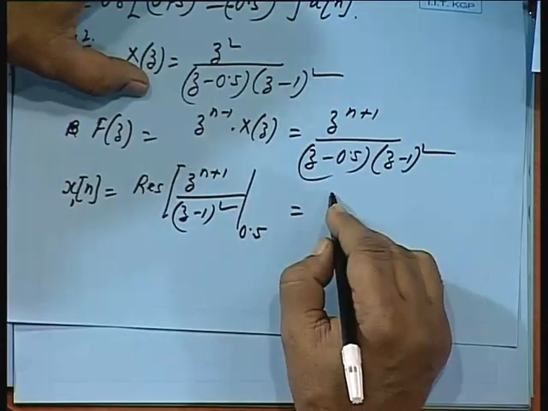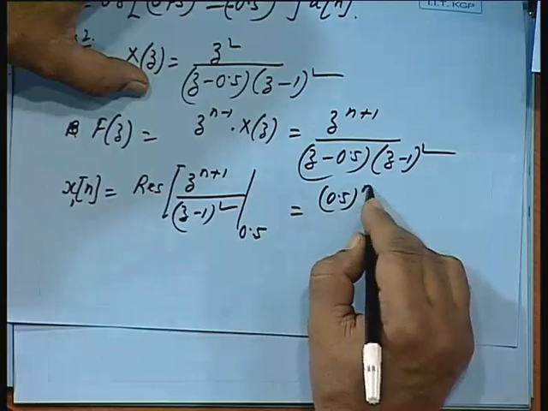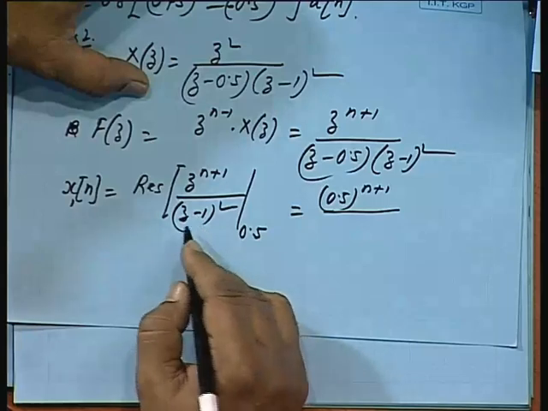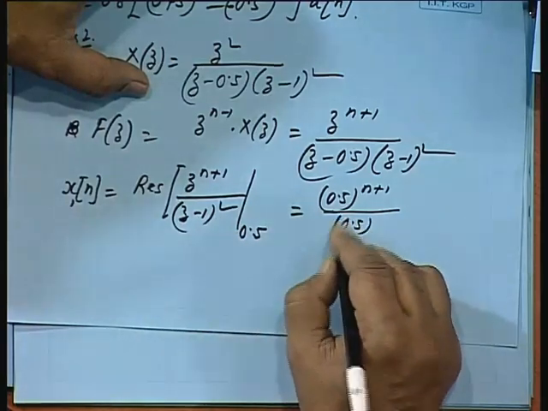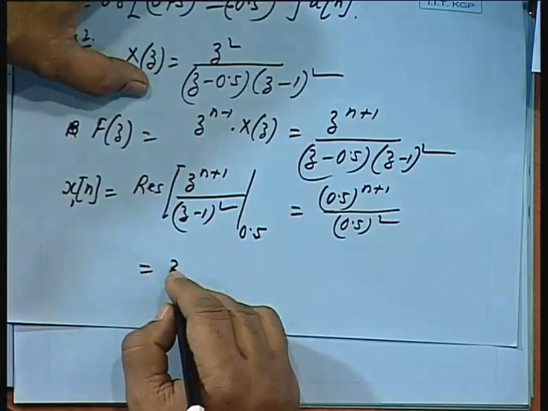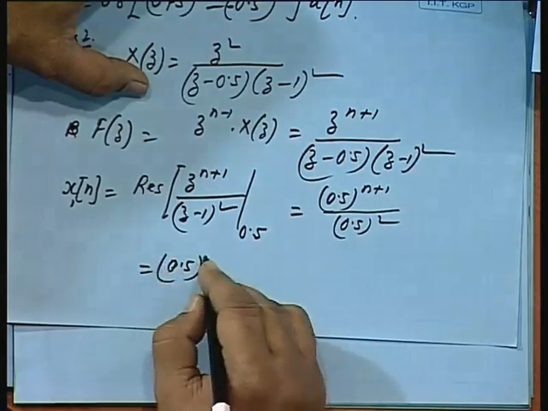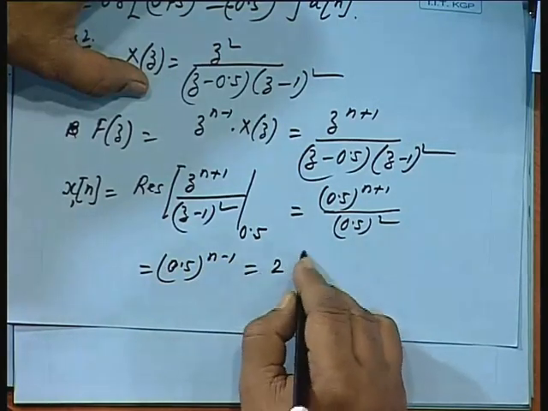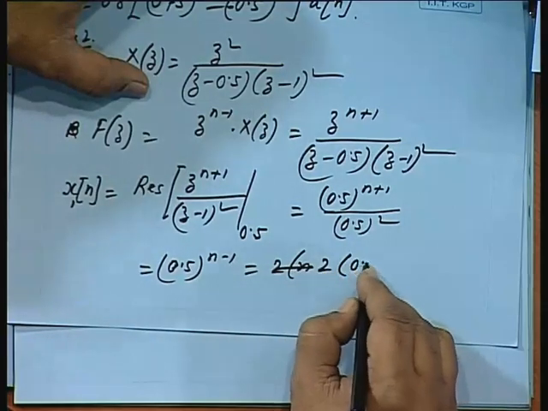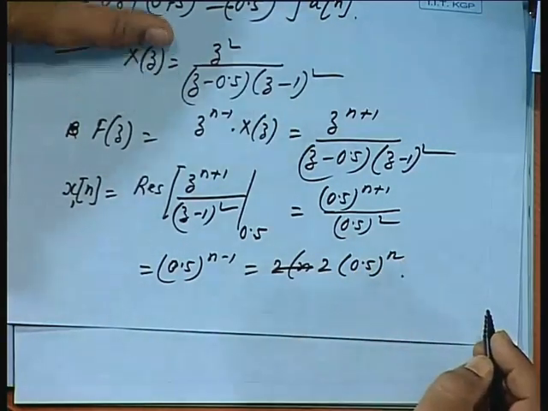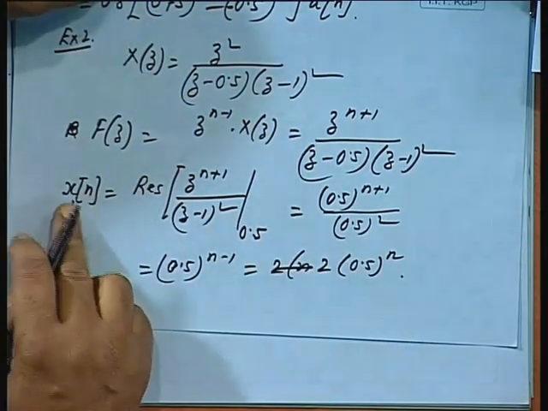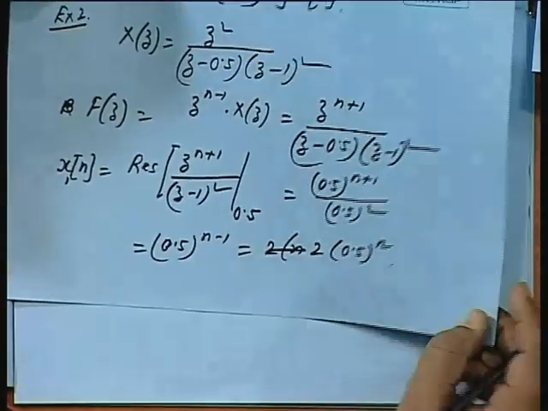This will be 0.5 to the power n plus 1 by 0.5 minus 1, so minus 0.5 squared. That gives me 0.5 to the power n plus 1 by 0.25, which I may write as 2 into 0.5 to the power n, if you permit me. Similarly, for the second one I am writing separately x1 and x2 and then add them together.